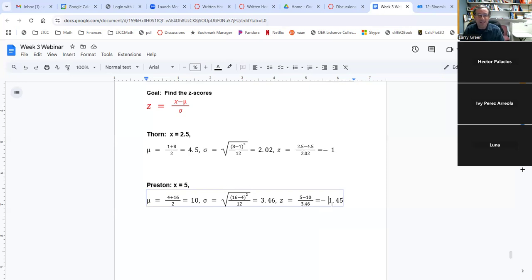So remember the definition of the outlier is that z either has to be less than -2 or greater than 2. -1 is not less than -2. -1.45 is definitely not less than -2. And they're certainly not greater than 2 because they're negative. So neither of them were outliers. Had it been like -2.45, then it would have been an outlier. Do you see? Any questions on the idea of discrete distributions or continuous distributions?